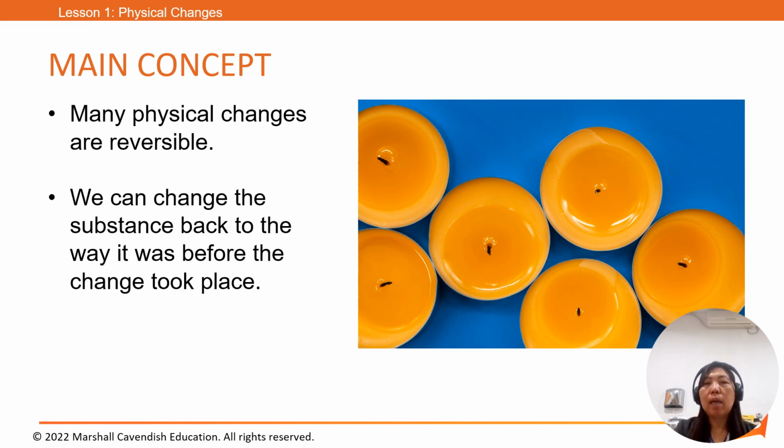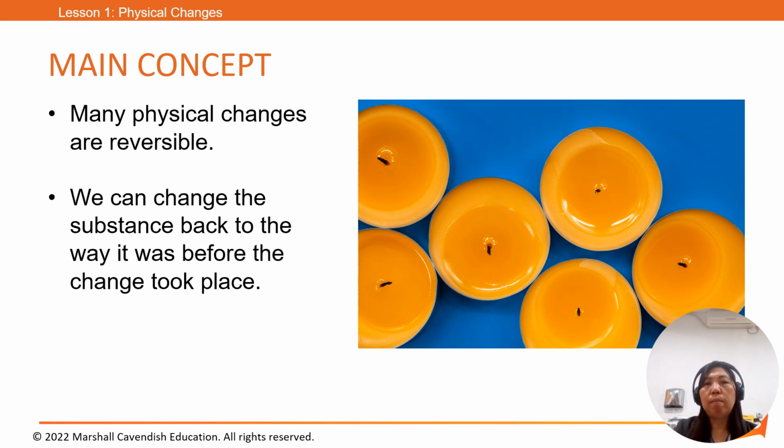Now, how can the candle wax change from the liquid state to the solid state? When it has changed to a liquid and we want to change it back into solid, what can we do? Yes, very good. We can use cooling. By cooling, the candle wax that has changed to liquid will be turned back into solid.